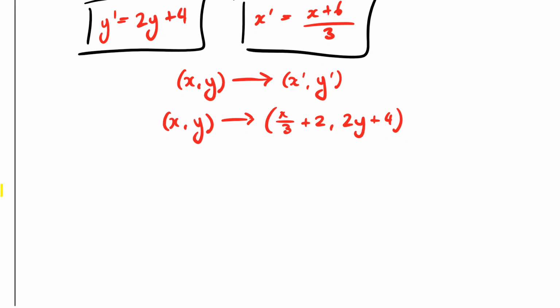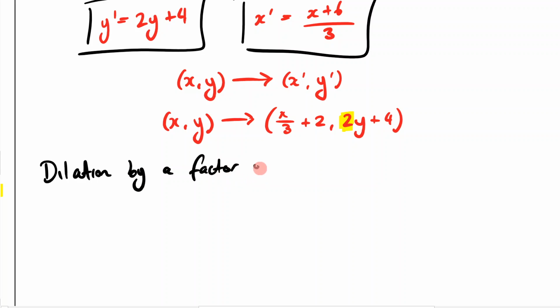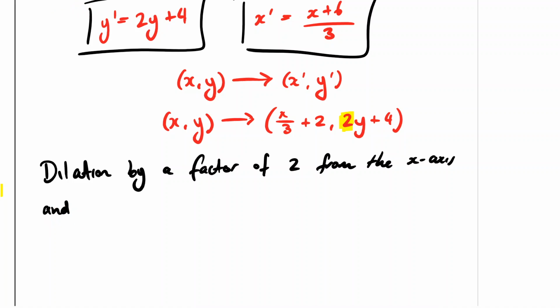So I begin with my dilations. Let's start with this 2. This 2 is telling me what? That I have a dilation by a factor of 2 from the x-axis, and I have another dilation here, which is this one right here.